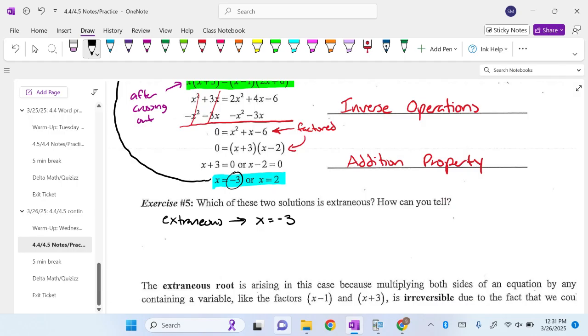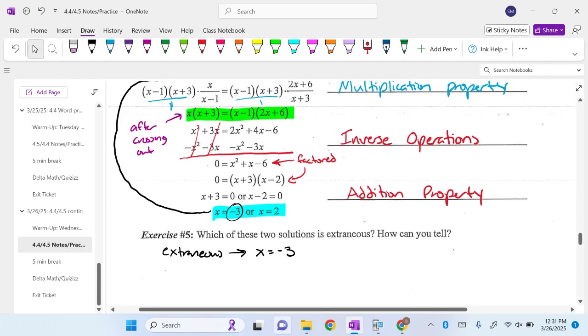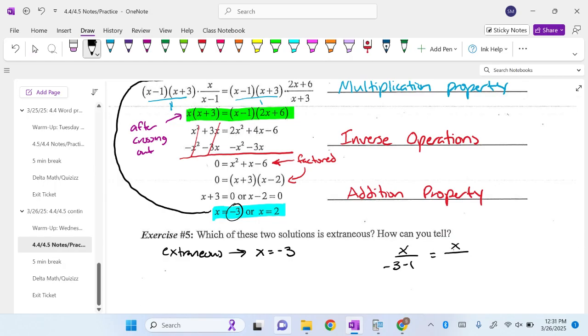And again, that's because if we plugged it back into our original denominator, so if we did x times 3 minus 1 equals x times, or negative 3 minus 1 times negative 3 plus 3, or 2x plus 6, sorry. We would get x over negative 4, which is fine, equal to 2x plus 6 over 0.